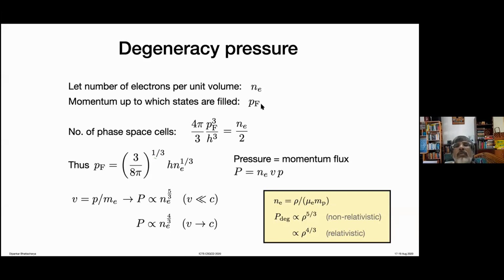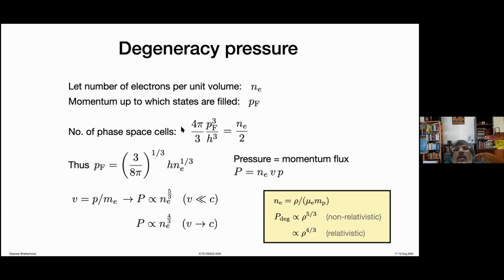So I will call that Fermi momentum. So within this, the number of phase space cells is 4 pi by 3 Pf cubed times 1, where 1 is the configuration space volume because we are talking about unit volume, divided by h cubed. So many cells.